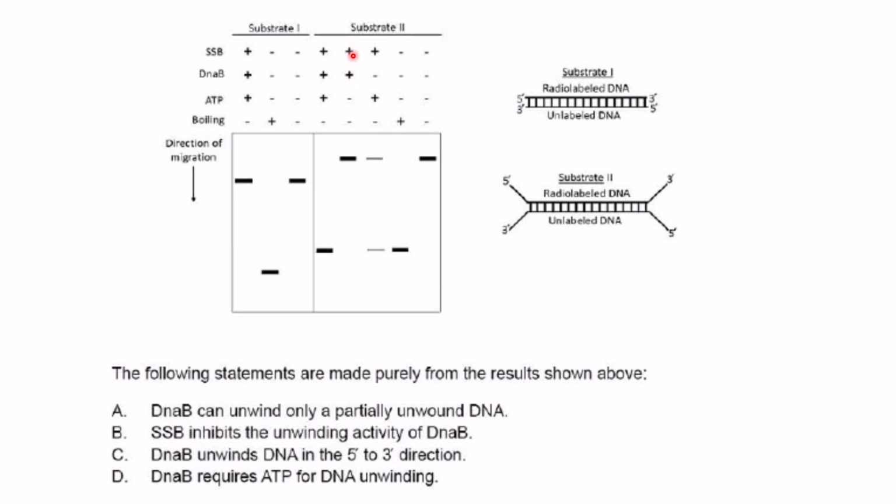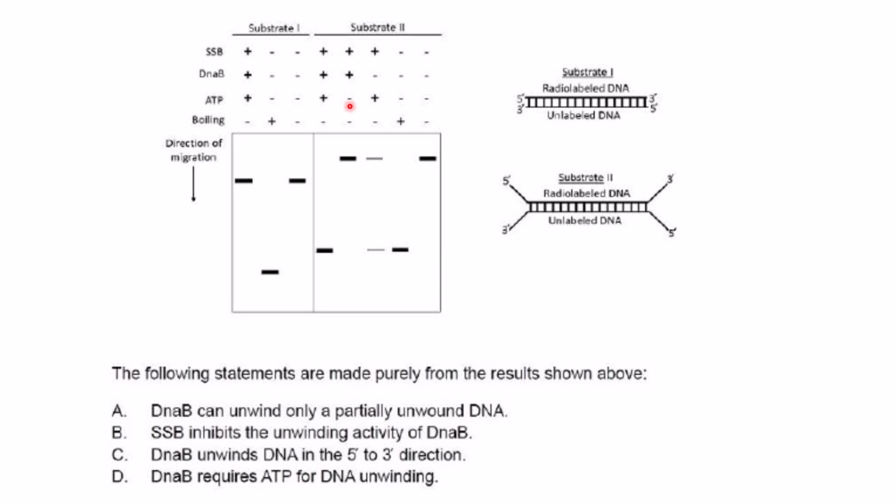You are adding only two components, but ATP is not added. It remains in the partially unwound double-stranded form. So if you don't add ATP to DnaB, then it is not going to function. Now if you add all the three components and there is no boiling, you get a single-stranded form of DNA.